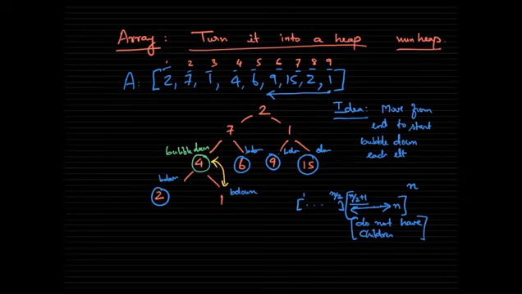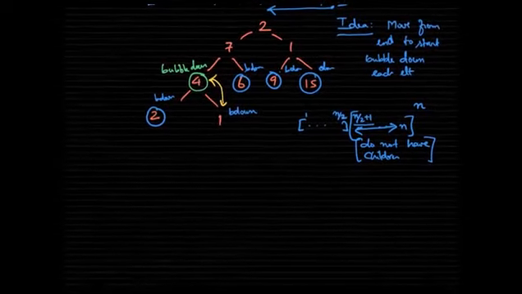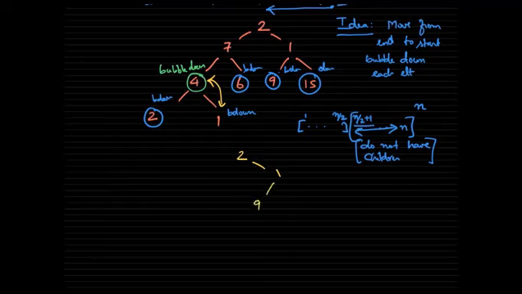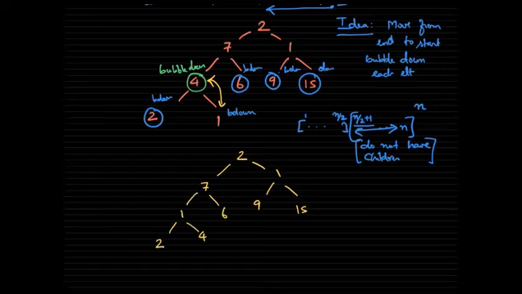So the new heap, let me draw it, will become 2, 1, 9, 15, let's leave this part, 7, 6, and then 1, 4, and a 2. All right, very good. So now I have taken care of 4.